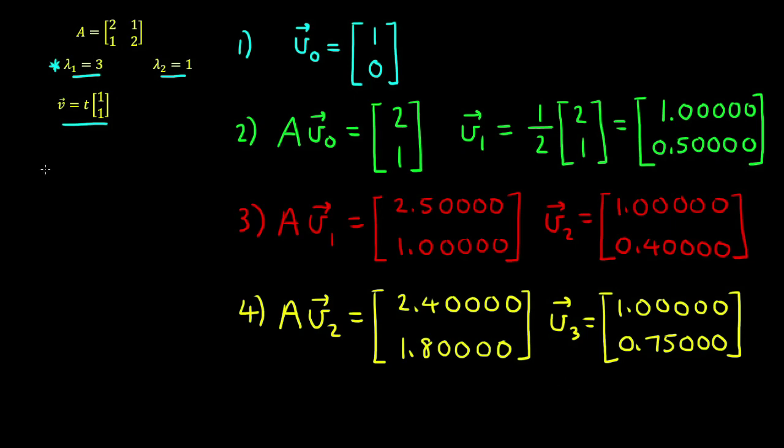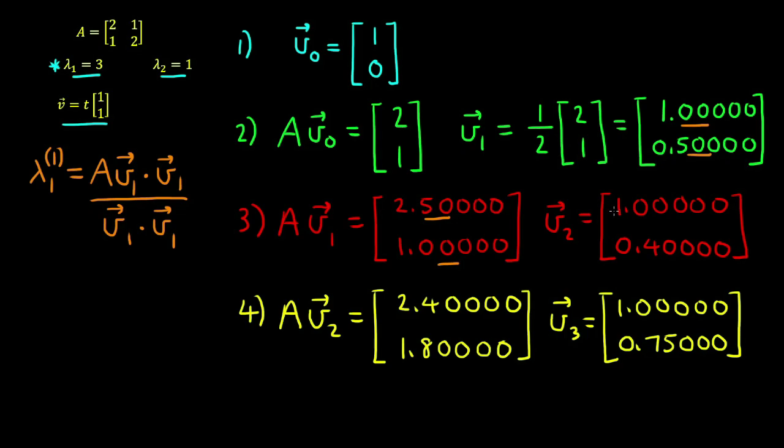And now we'll compute the dominant eigenvalue. So in the first iteration, we have A V1 dot V1 over V1 dot V1. So we have 2.5 by 1 plus 1 by 0.5.